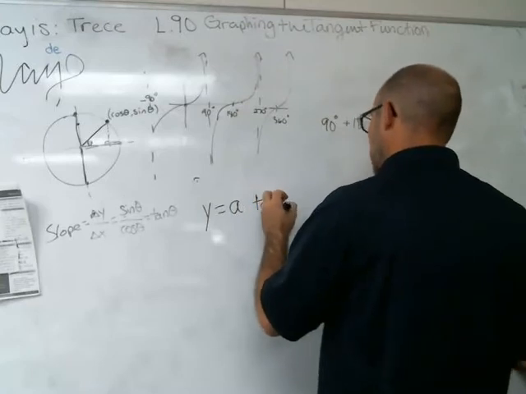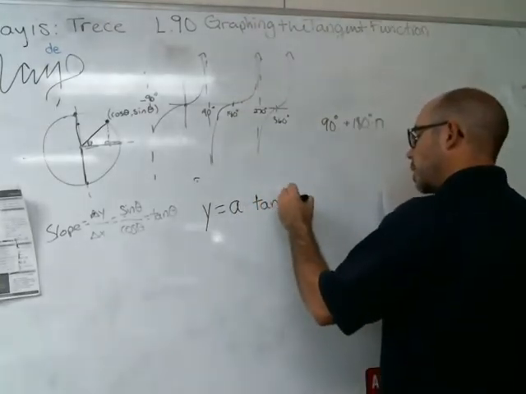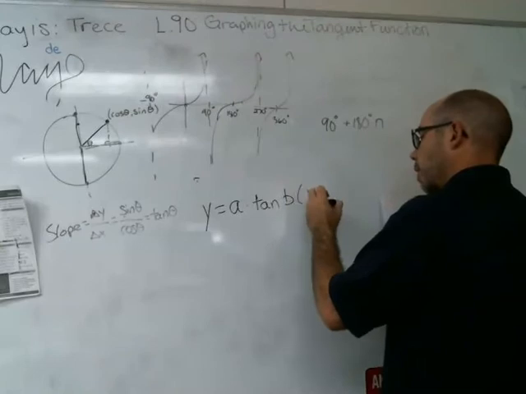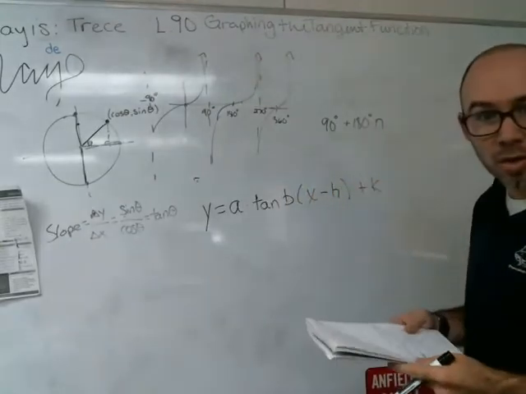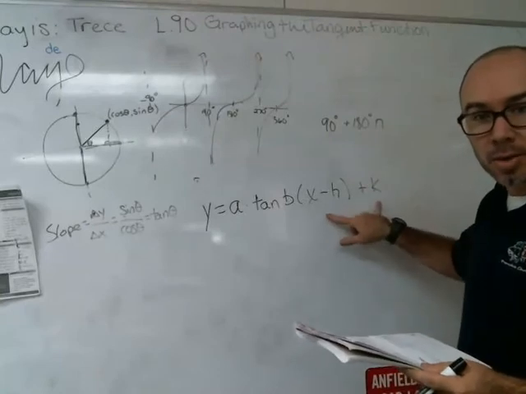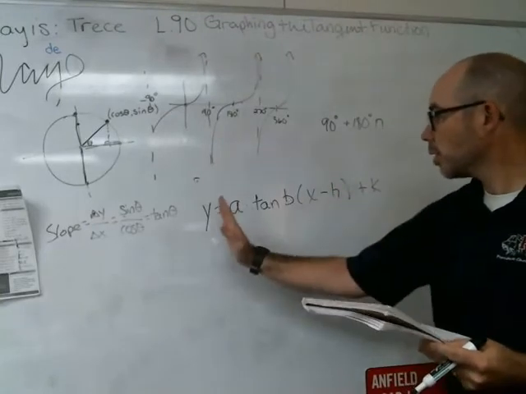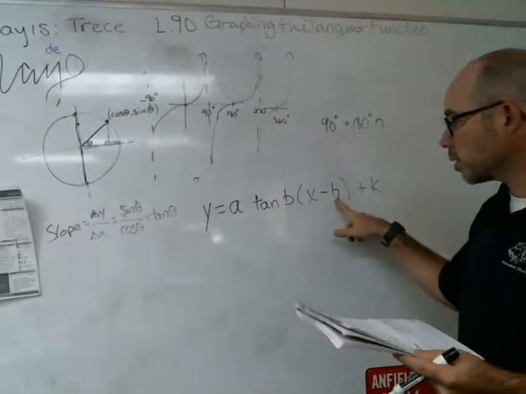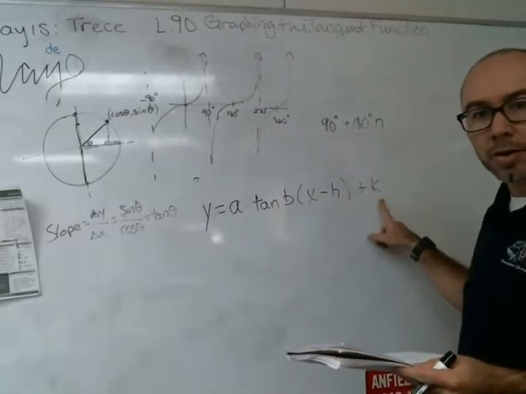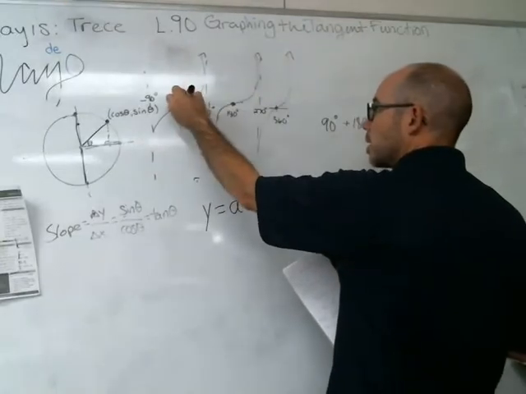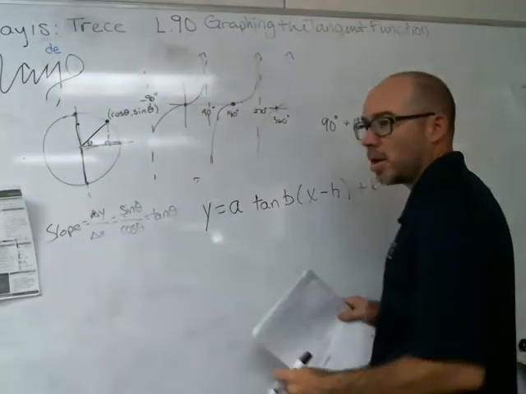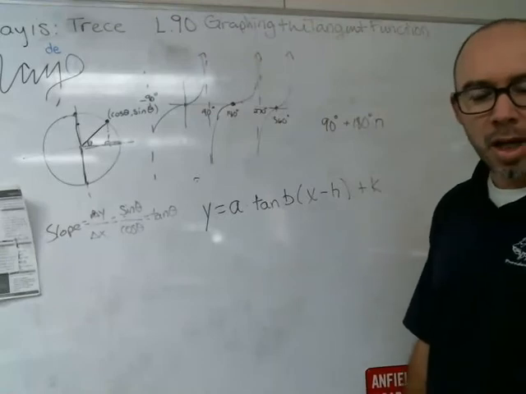Tangent, and then we're going to have b, and you're going to have x minus h plus k. You can still do all those things to it. This will shift it left or right. So there's our phase shift. There's our vertical shift. But really, you're looking at these points right here as being shifted up or down. Otherwise, it's kind of hard to tell what happened to the picture.